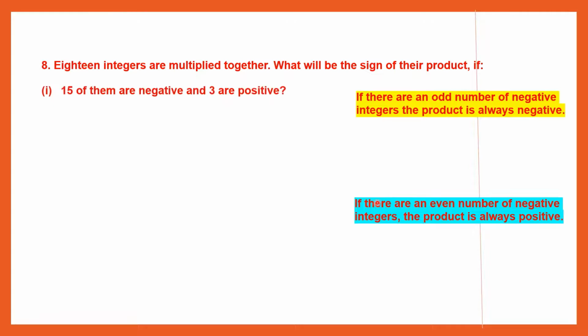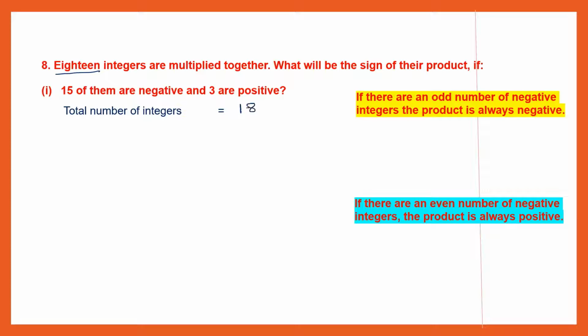The first question: 15 of them, that means the integers, are negative and 3 are positive. Now we need not worry about the positive integers. We are only looking at the negative integers. So what is the total number of integers? They've given us 18.